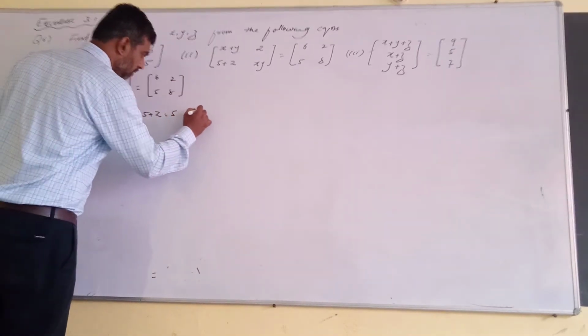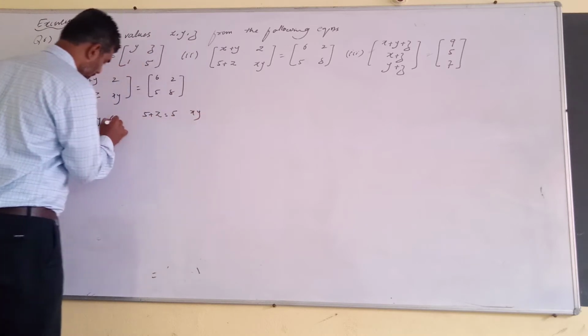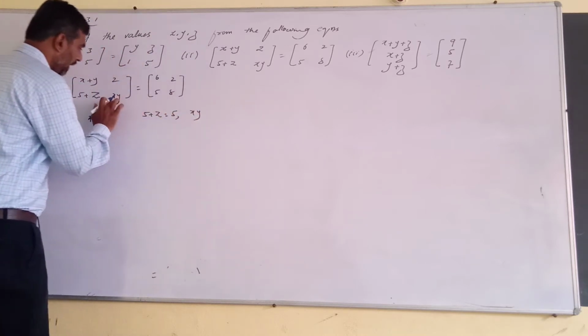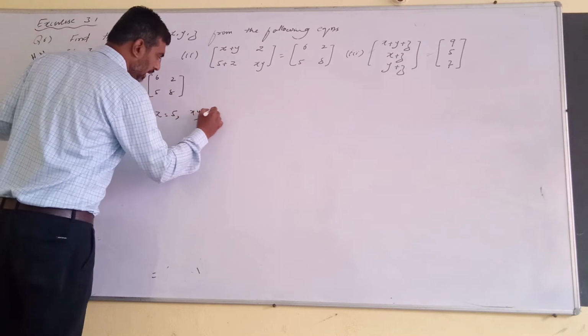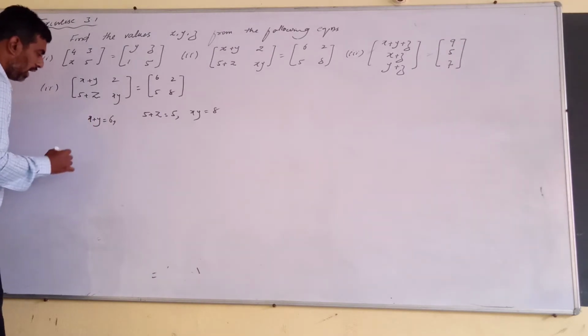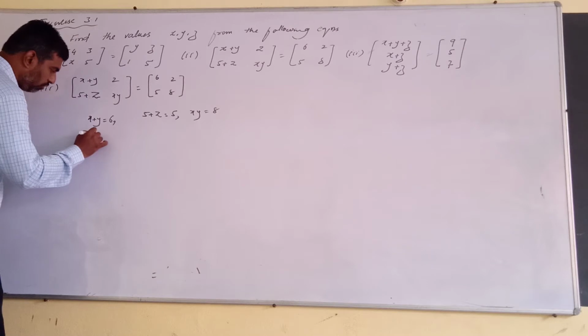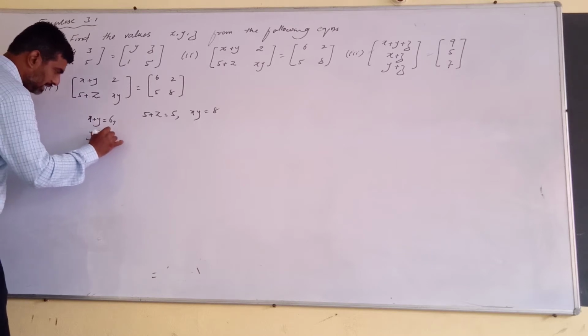Now x y, the respective element is 8. Now it's very simple to simplify. Using x plus y, I will find the value of y: y is equal to 6 minus x.